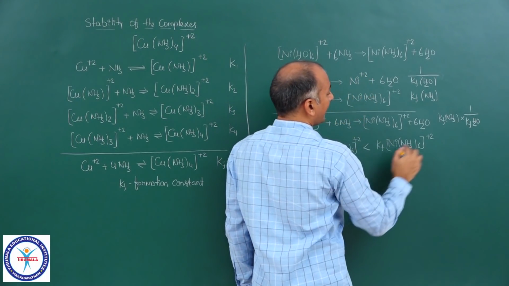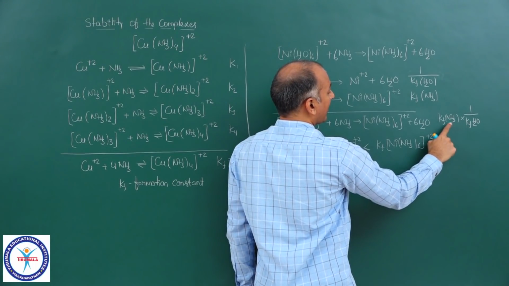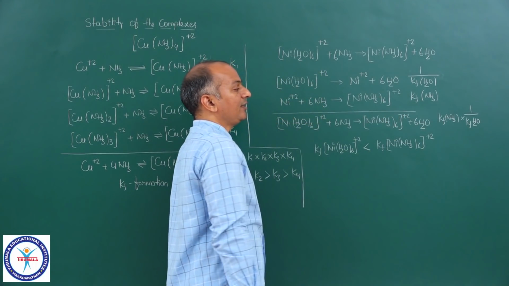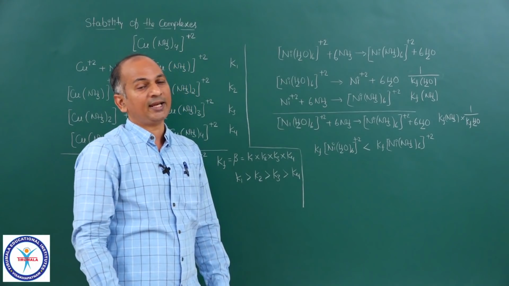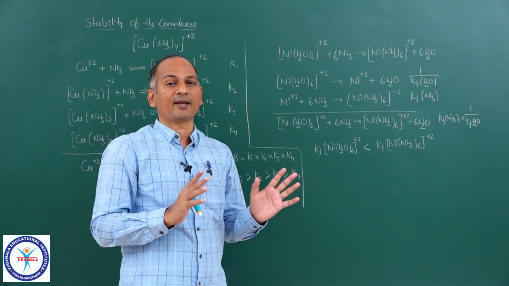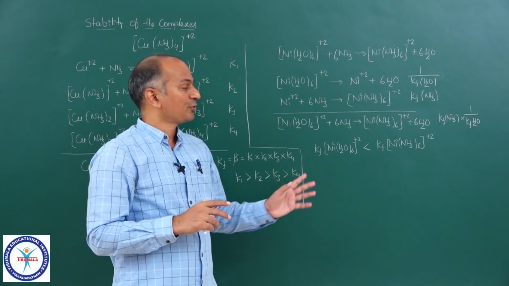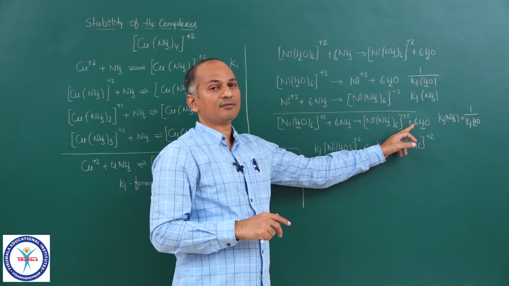And we know Kf of the water complex will be lesser and Kf of the ammonia complex will be greater. So the net equilibrium constant will be greater than 1. So this reaction is favorable.